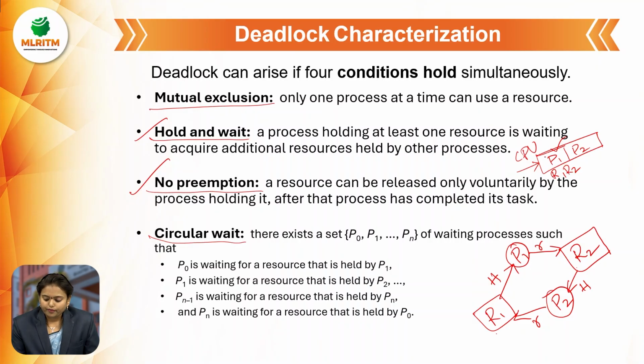So for the purpose of execution of process P1, it must use resource 1 and resource 2 in this example. So until R1 and R2 resources are available for P1, it will wait.